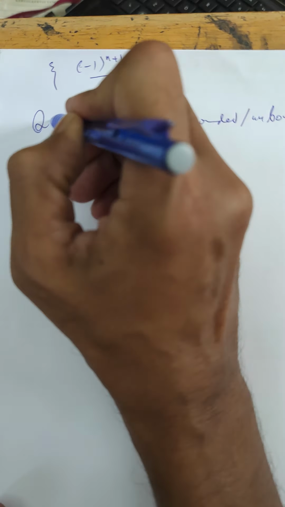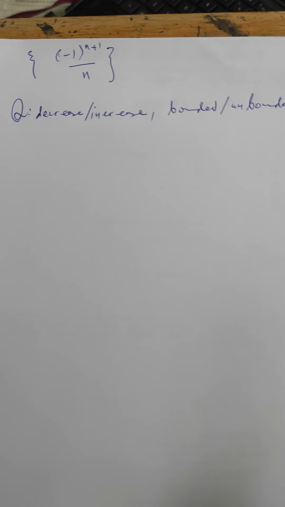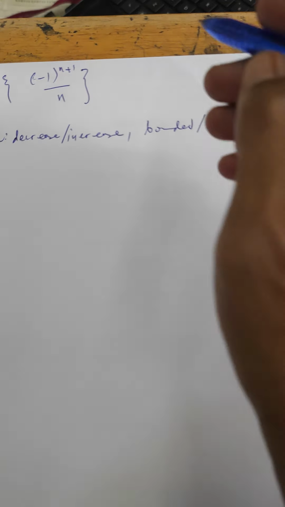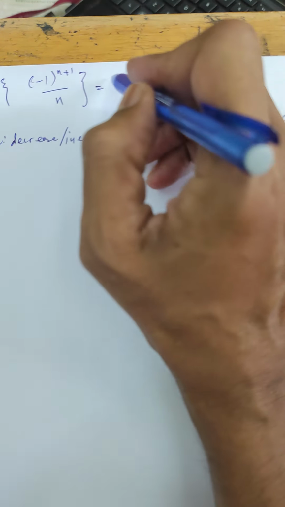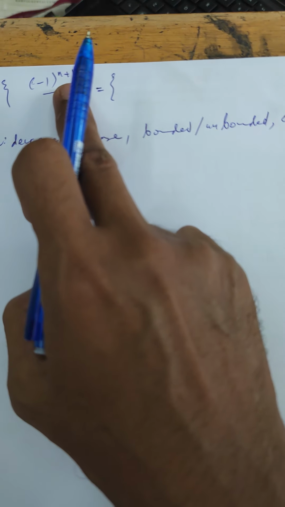I put the question mark there. So how do we determine this at the moment? The best thing you can probably try is to list down each of those elements. When n equals 1, we have 1.